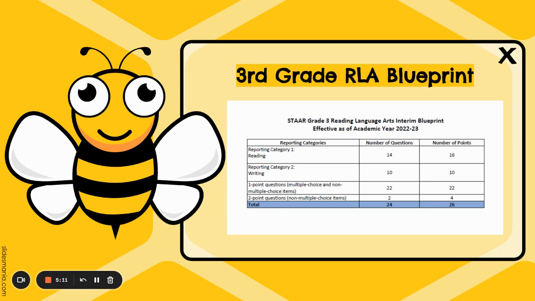So there are none of those on the interim, but they do have some of the other types of questions, like the multi-select and the two-part questions. And that's why you see that there were 24 questions, but 26 total points that the kids could earn. All of the writing questions were either editing or revising, and again, none where they have to type.